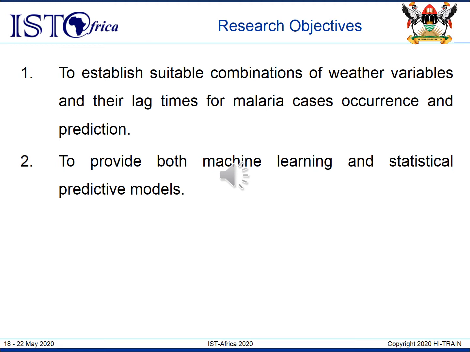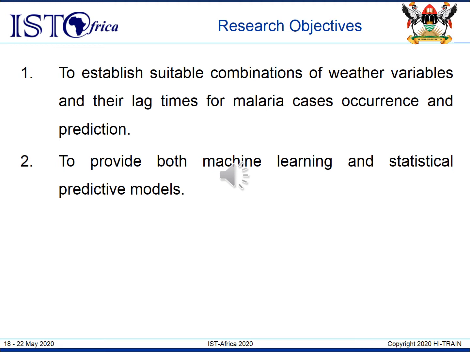Why we wanted to look at time lags is because other researchers had pointed to a likelihood of mosquitoes not breeding when the rainfall actually occurs. When it occurs, the temperatures get so low and the breeding stops.